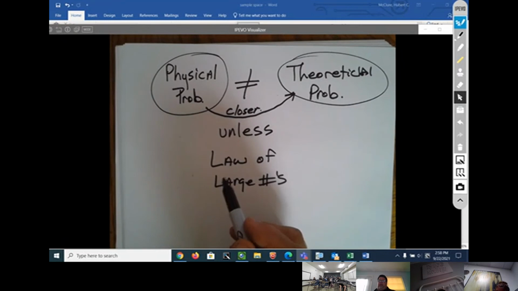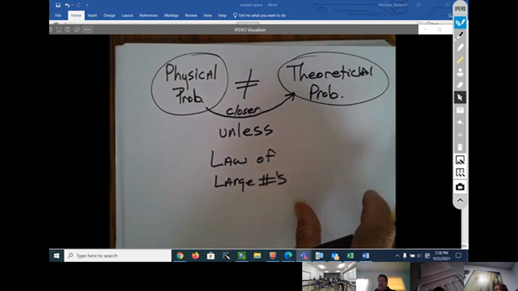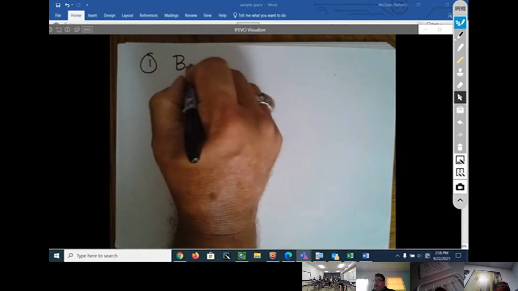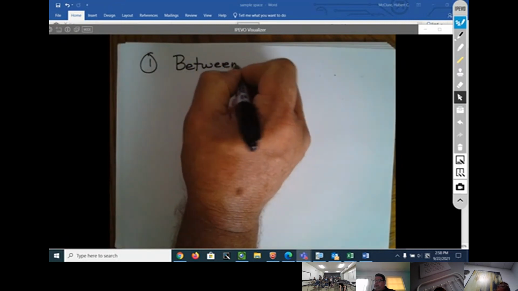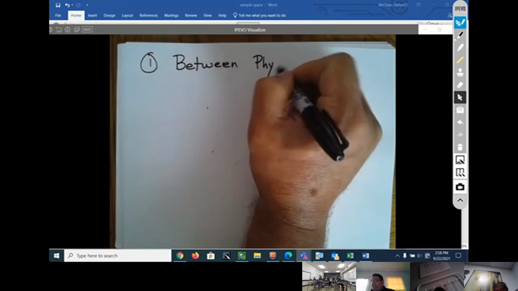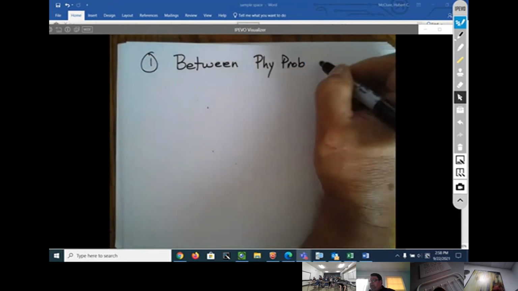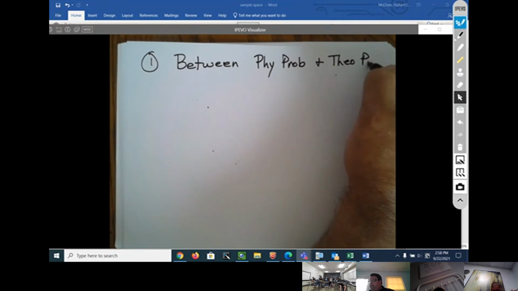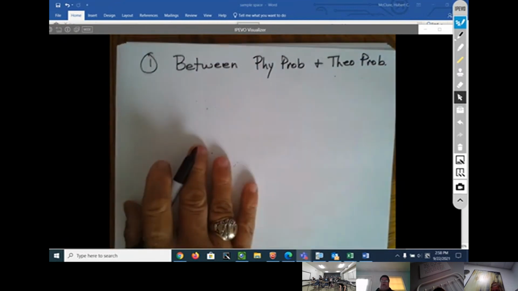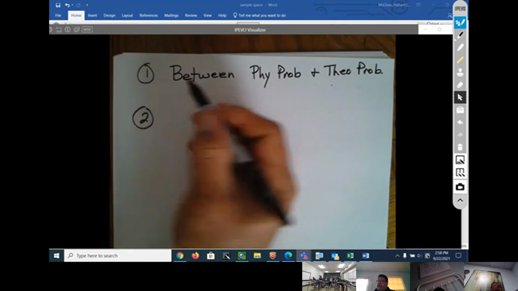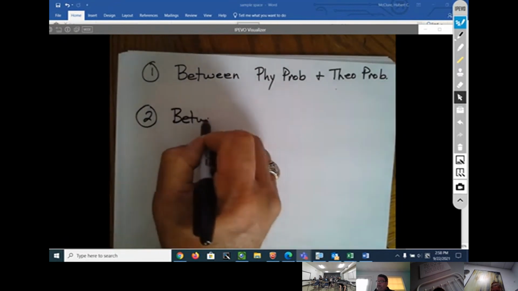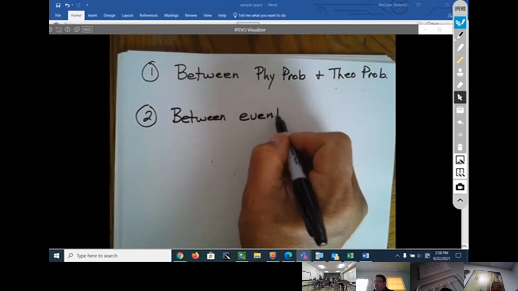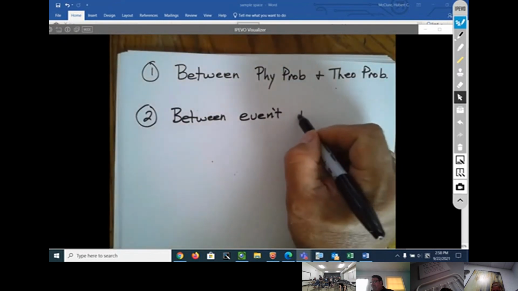That's one thing you got to be able to do. Number 2, you got to distinguish between an event and sample spaces.